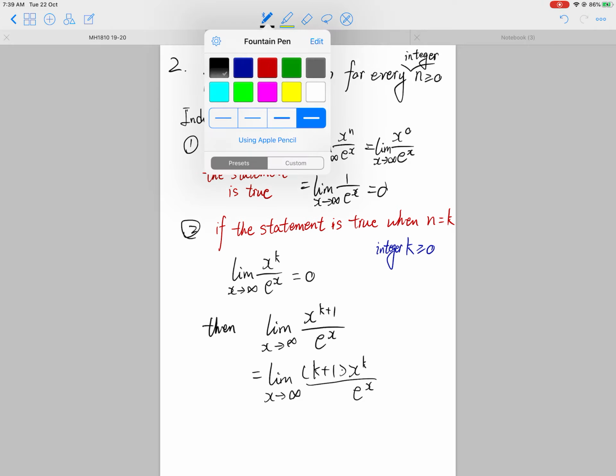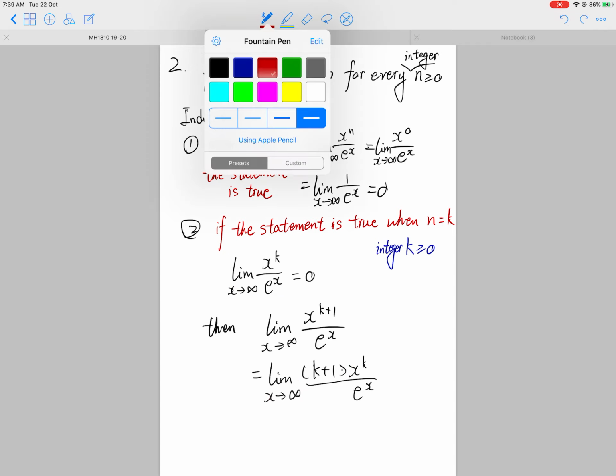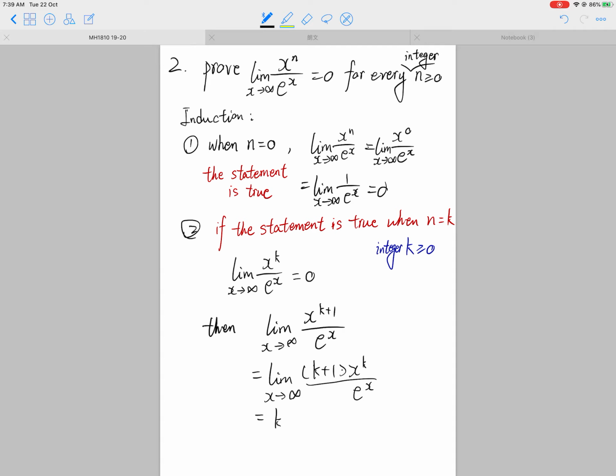Then this part is what we already know. So we can separate it to k plus 1 times this limit, and this is 0, so it is 0.